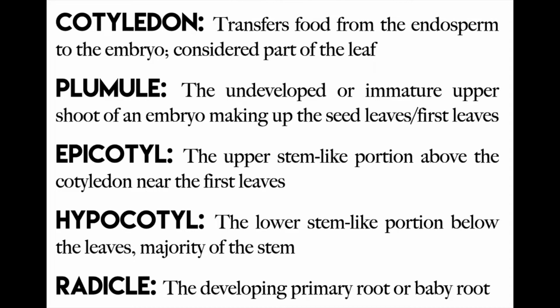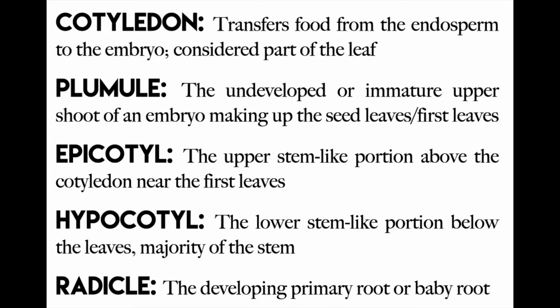Then we're going to move into the embryo, the baby plant, and we're going to focus on the plumule. Now the plumule is specifically the baby leaves. You may hear in some resources that the epicotyl is part of that. Yes, and we'll talk about that in a little bit, but primarily the plumule is the first leaves, the seed leaves.